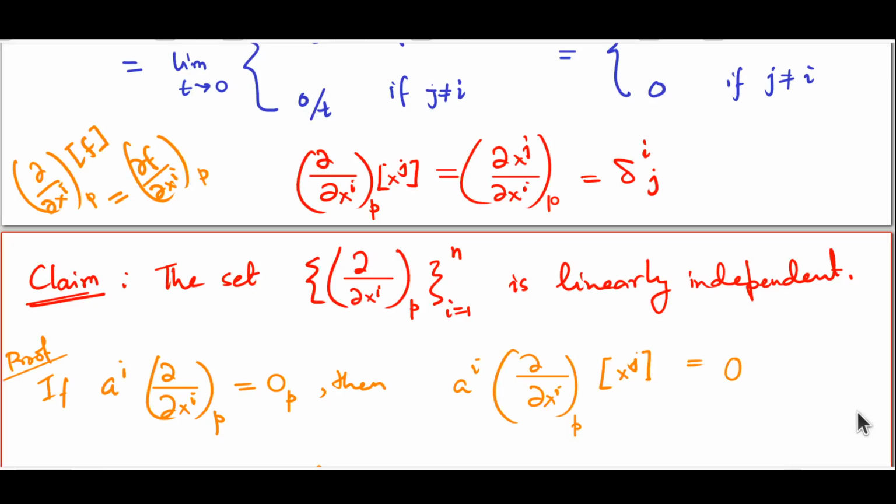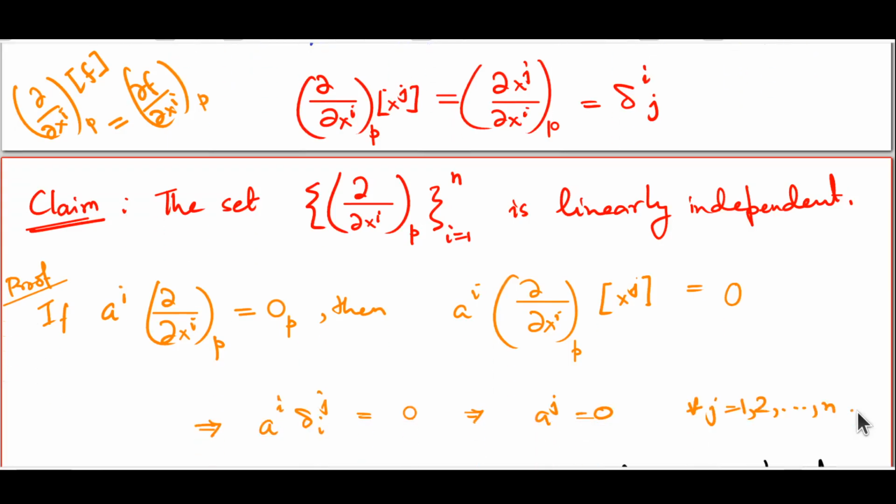But we already know that ∂/∂x^i at p on x^j is δ^j_i, and this sum a^i δ^j_i, which of course is a sum over i, is simply a^j, and therefore a^j has to be 0 for each and every j. This establishes that the set of tangent vectors to coordinate curves ∂/∂x^1 at p, ∂/∂x^2 at p, up to ∂/∂x^n at p is a linearly independent set.